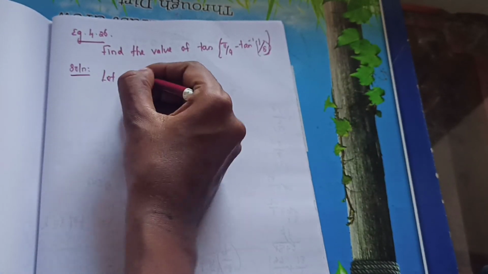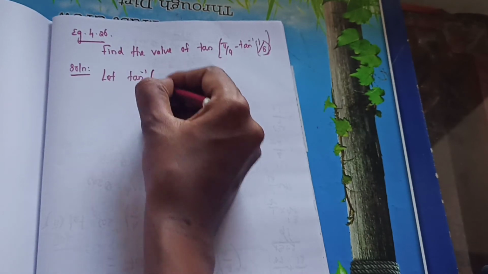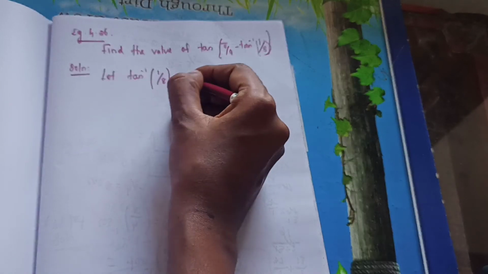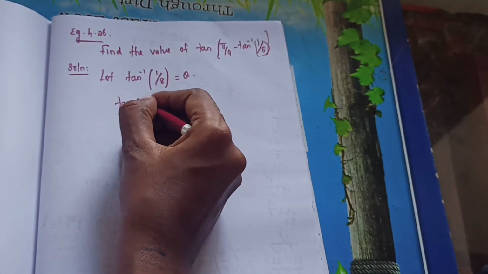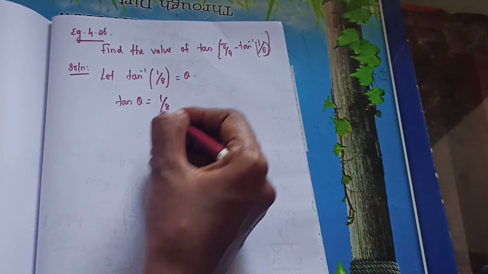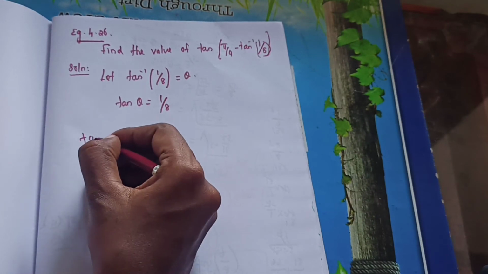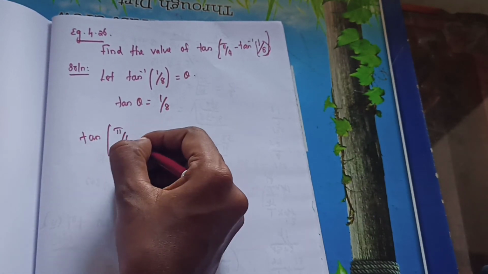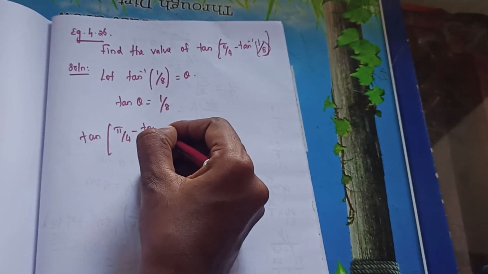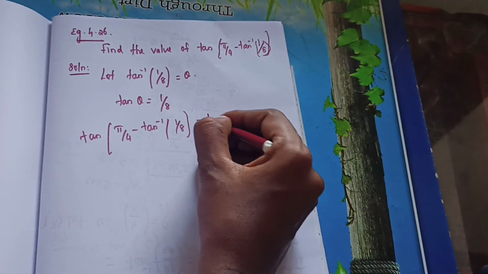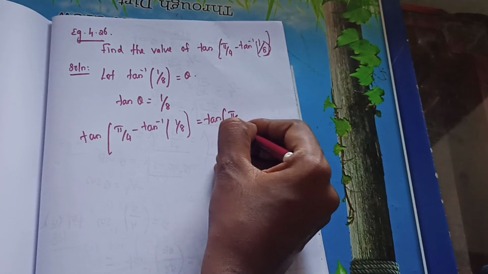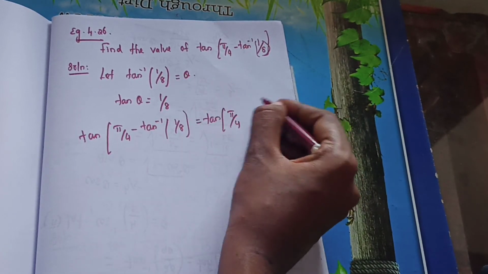Let tan inverse of 1 by 8 equal to theta. So from that, tan theta equal to 1 by 8. Okay. So tan of pi by 4 minus tan inverse of 1 by 8 equal to tan of pi by 4, in the place of this one, you will substitute theta.